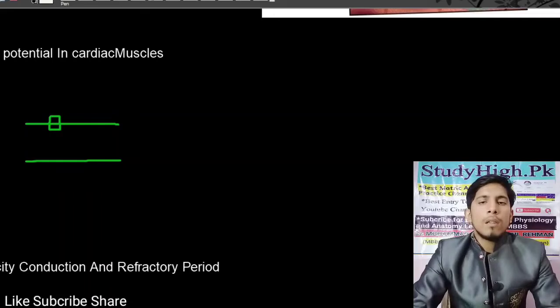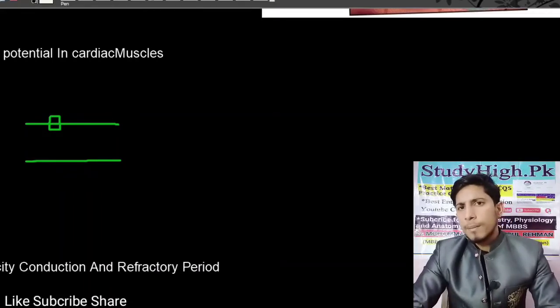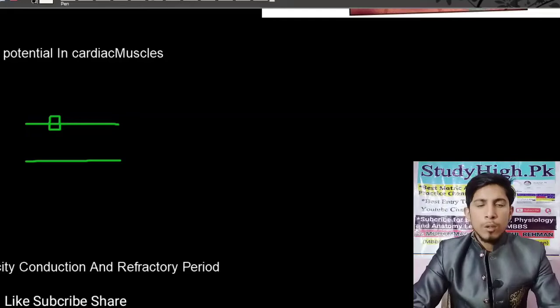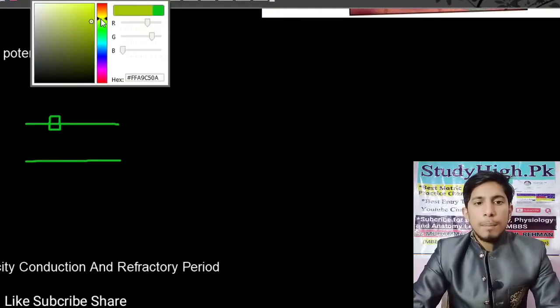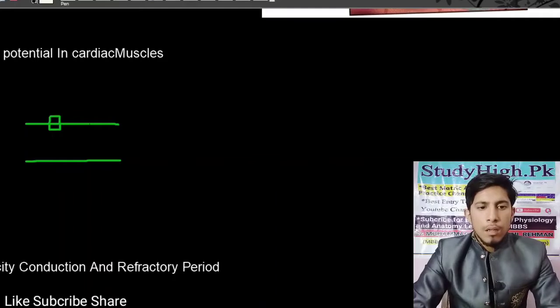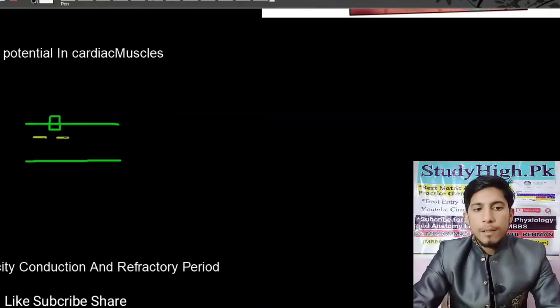First of all, I have already explained how an action potential is generated, so now we are going to discuss it in detail. This is the cell membrane of a cardiac cell whose inside is negative in resting condition, with a resting membrane potential of minus 90 millivolts, and whose outside is positive.